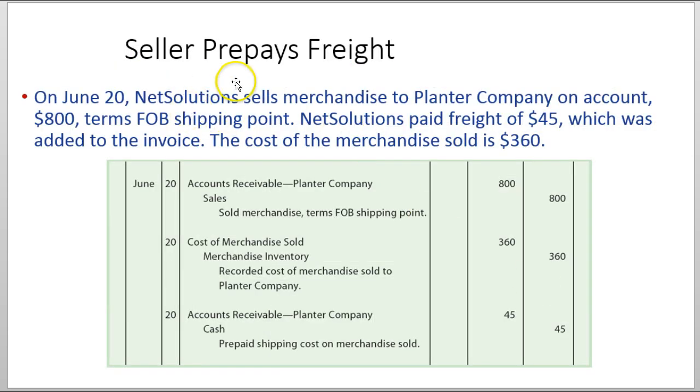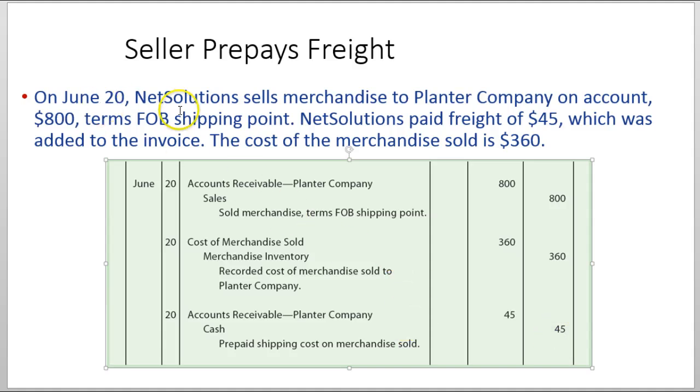And here's where the seller prepays the freight. So you have accounts receivable and sales. You have the cost of goods sold here and here. And then they have debited accounts receivable and credited cash.